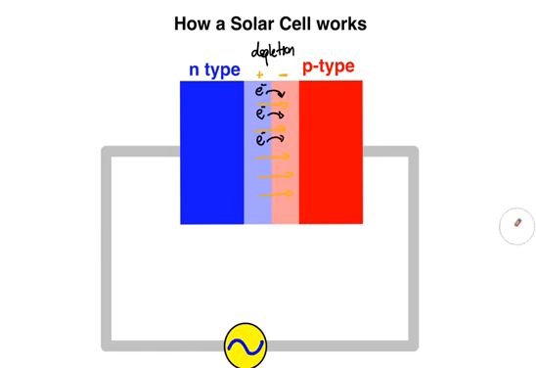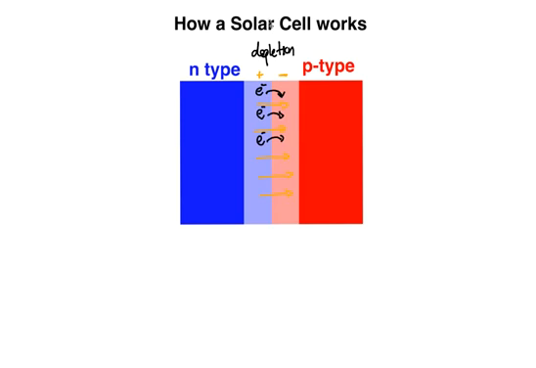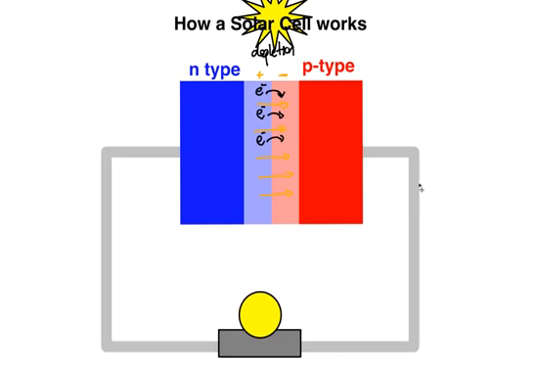But what about creating a solar cell out of this? We've got the same situation here, but what we're now going to do is shine some light on this, and we're going to set up the circuit again. So now we're going to get two different effects. First of all, we're going to get the photoelectric effect.